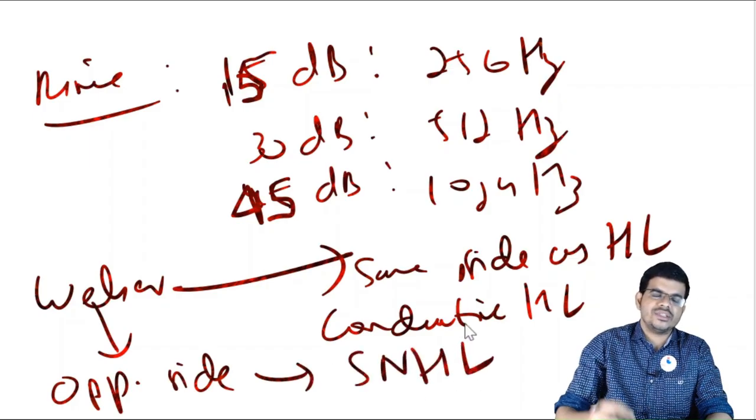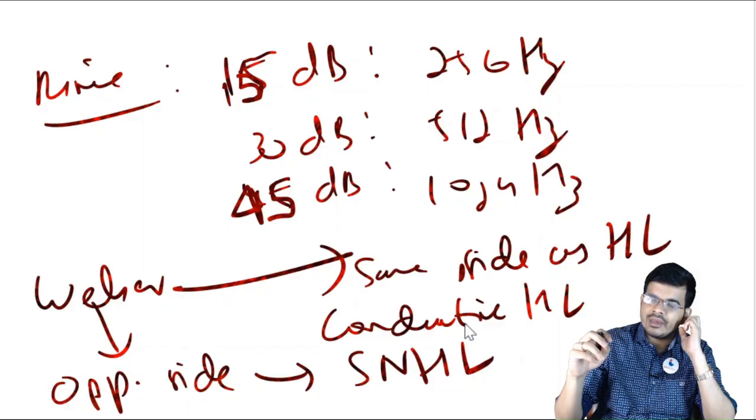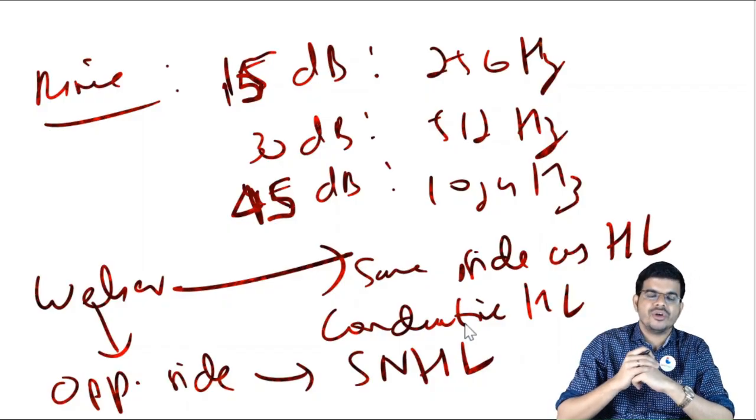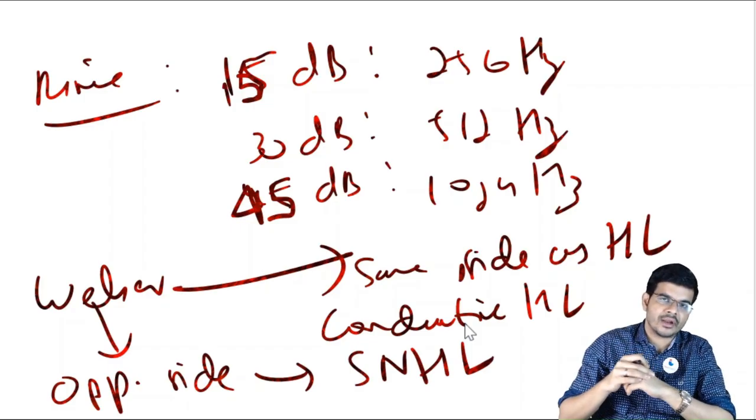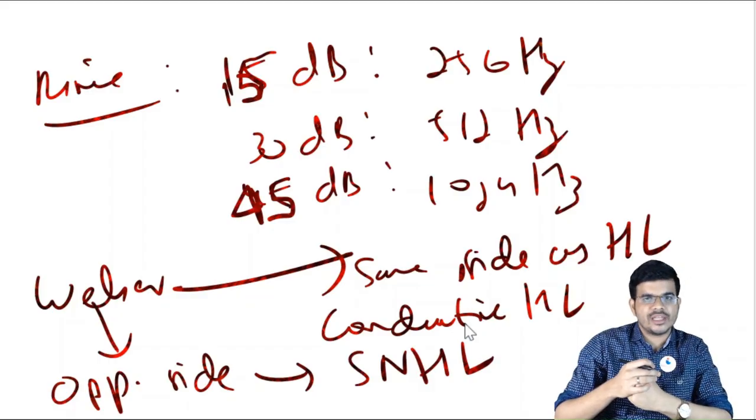Why is it so? This is because in conductive deafness, there is something blocking the ear, right? The ear is getting blocked, and that is causing an occlusion effect. Okay, an occlusion effect is happening here, and this occlusion effect has got a lot of implications while testing for the hearing.